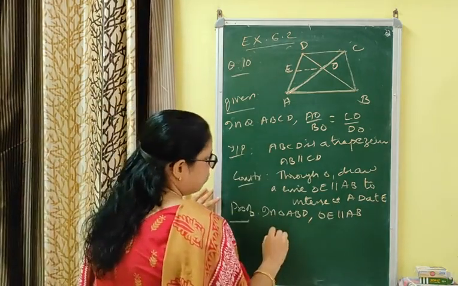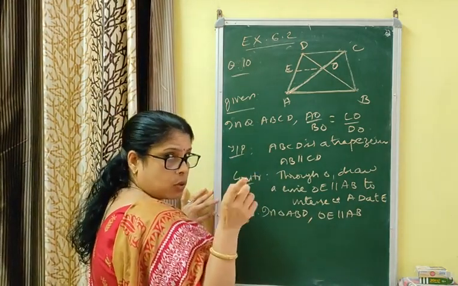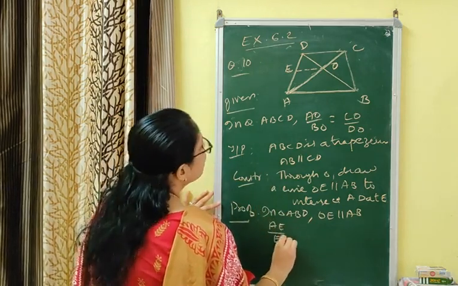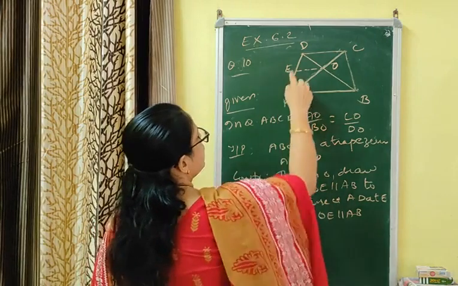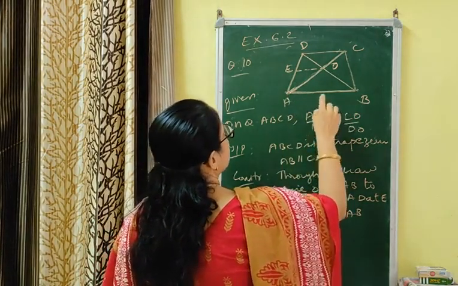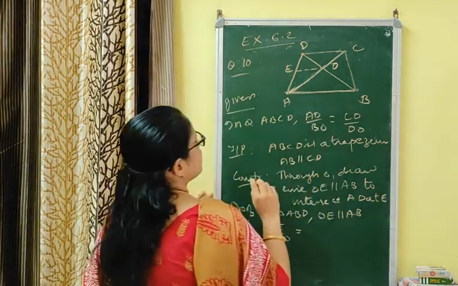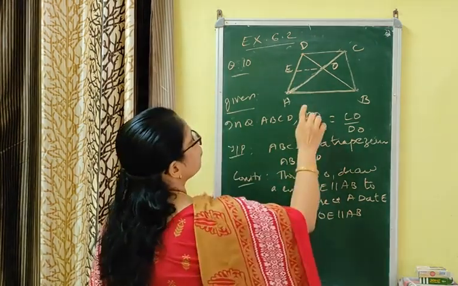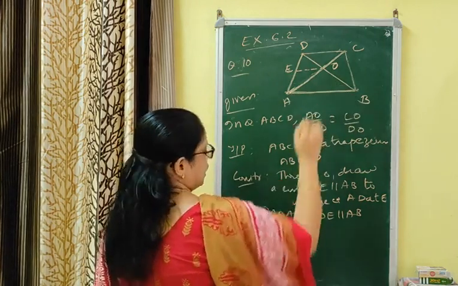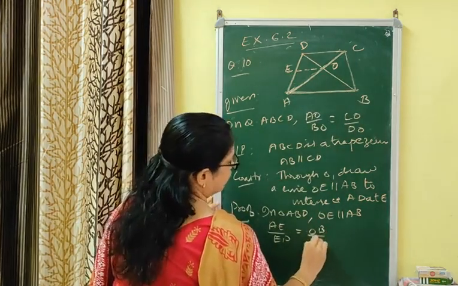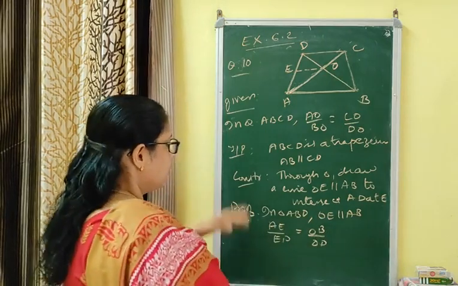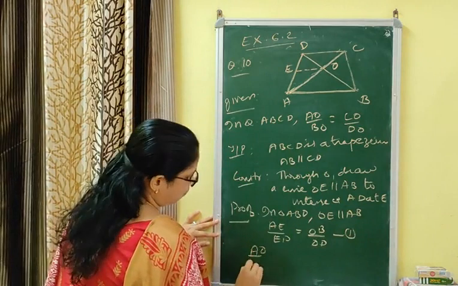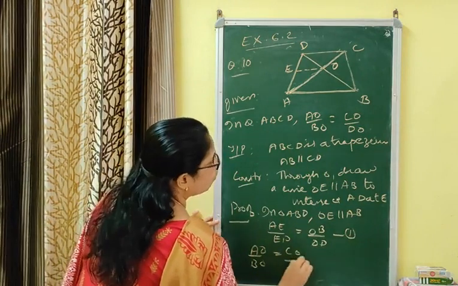That means, since the parallel condition is given, you can use BPT, that is AE by ED is equal to, let me check, from A you took, so from O you have to take, OB by OD. Now this is equation number 1. What is the given condition? The given condition is AO by BO is equal to CO by DO.